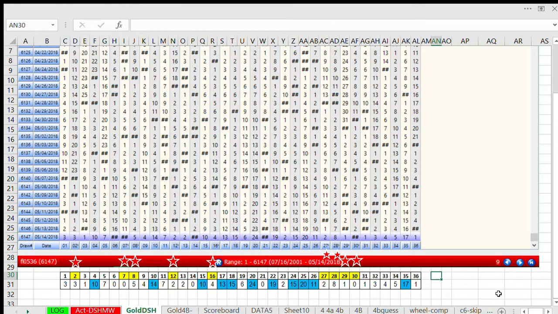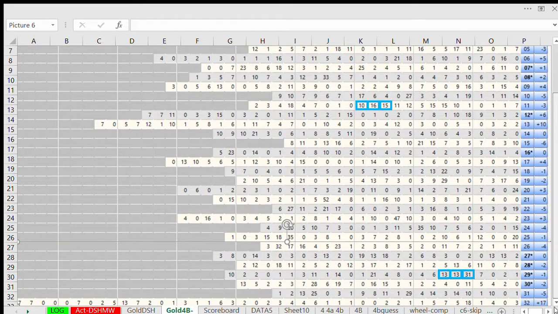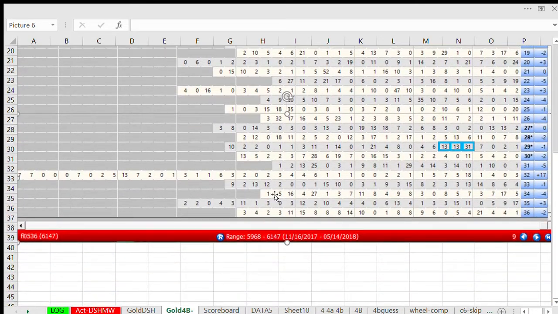Now, the other starting point is the 4B, which is here, gold 4B. And again, I think the best starting point is to change the range. I changed the range on this particular one.